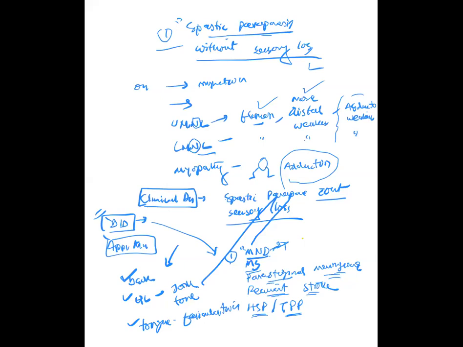Here is also recurrent stroke, so I can check the patient's MRI of the brain also. And for MS, I will do CSF test for oligoclonal band. I can do the visual evoked potential. Again, for hereditary spastic paraparesis, I can take the family history. So if you say the investigation, what investigation will you do?